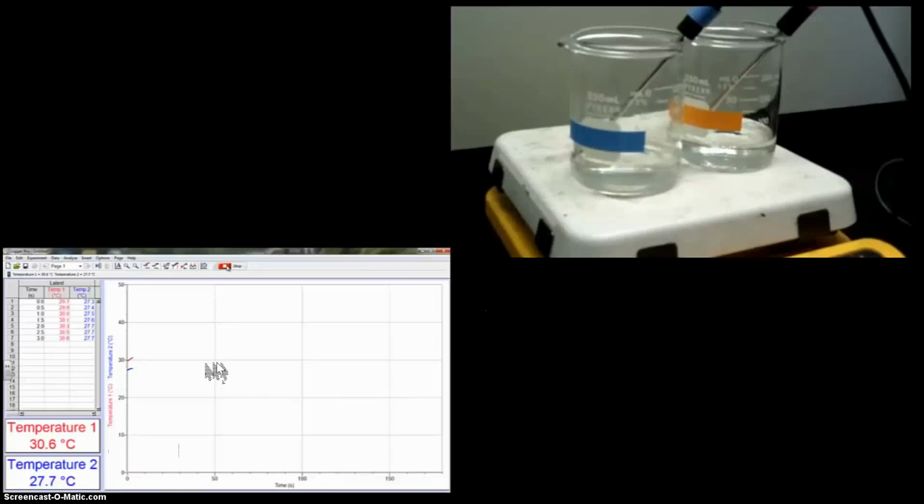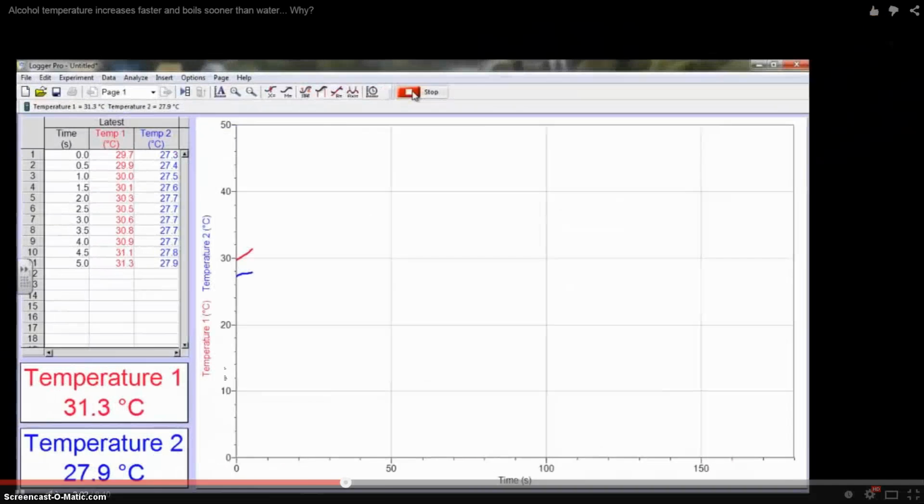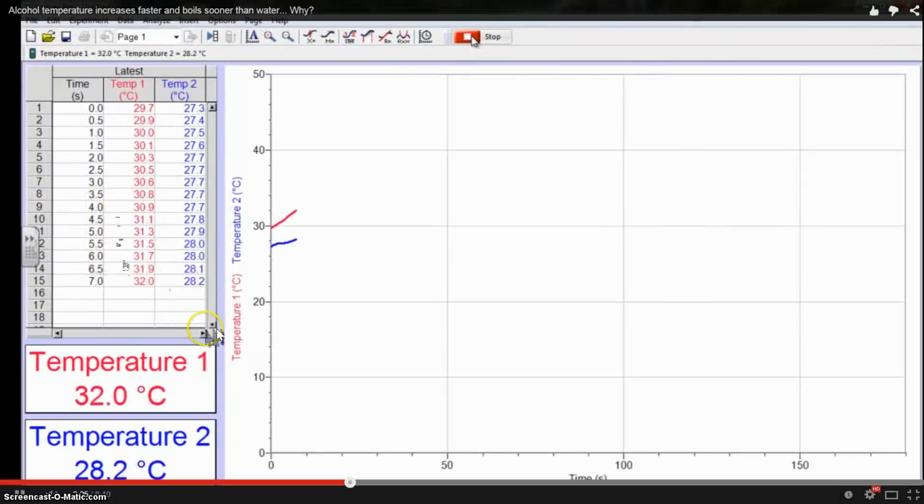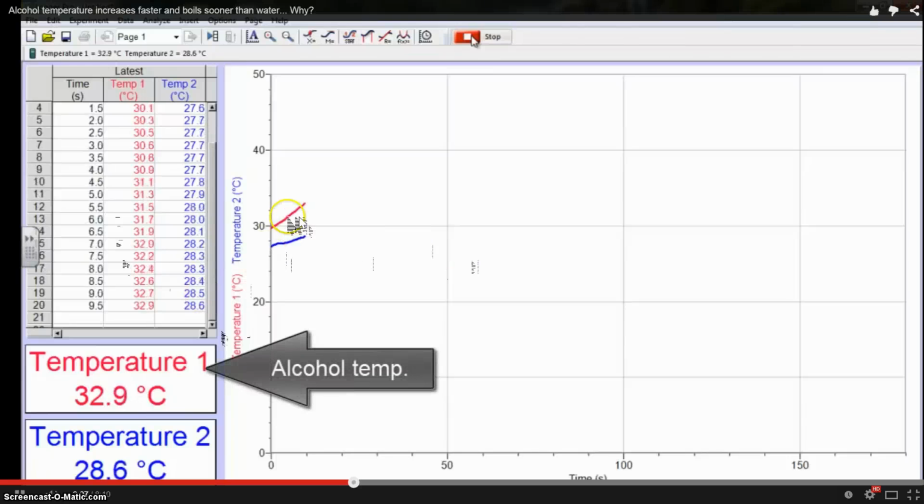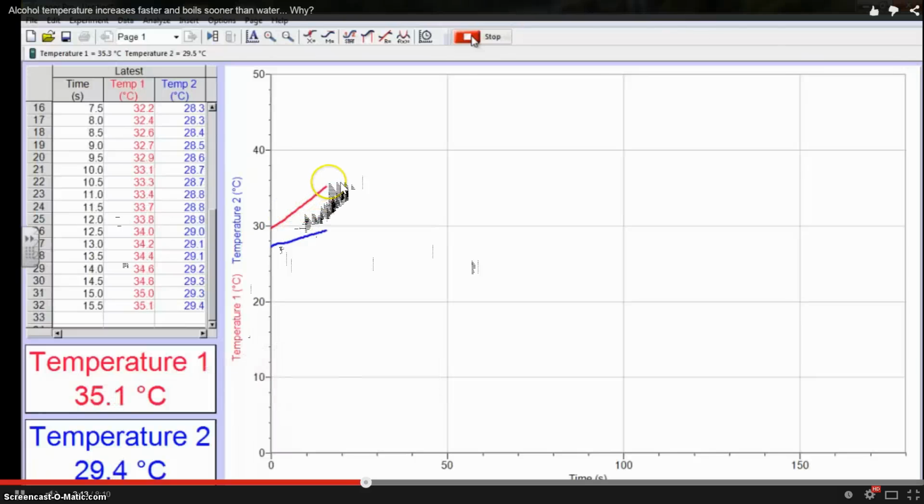Now the experimenter has sped up time, so you see the time traveling really fast. Over time, this is the temperature of the red, which is the alcohol. Notice how the red temperature, the alcohol temperature, is going up much, much faster than the blue temperature, which is the water temperature.